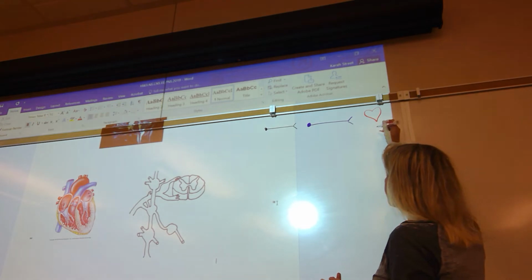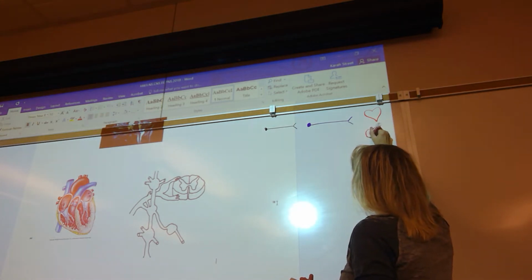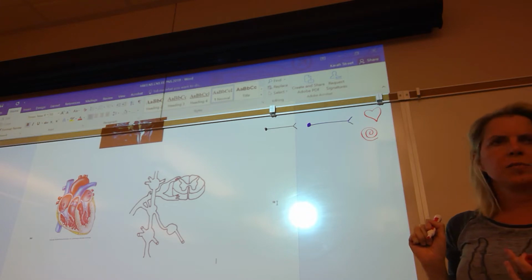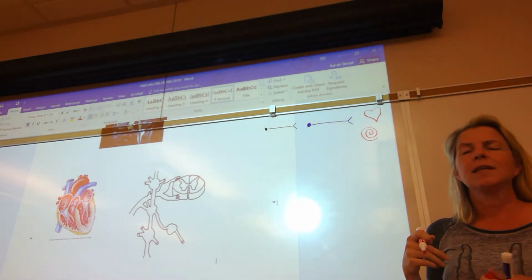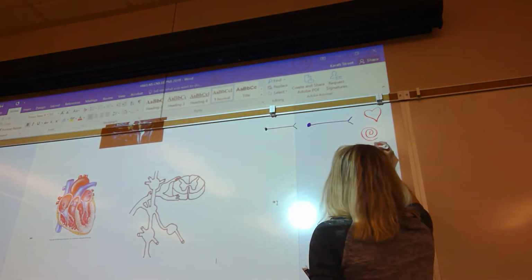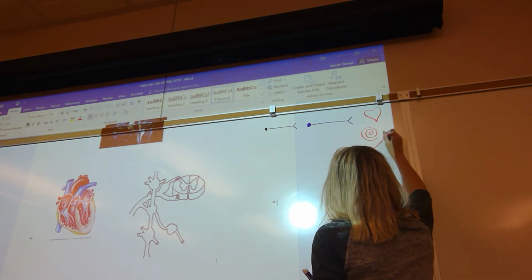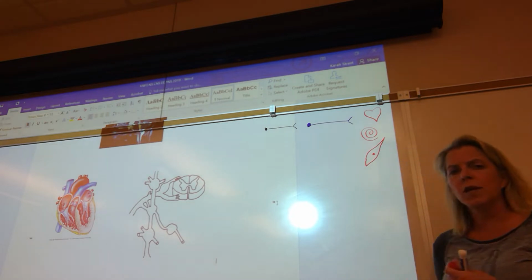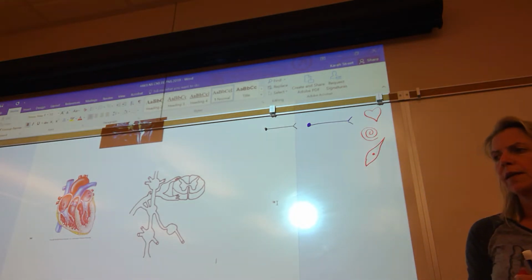An involuntary effector can be glands. So that's my picture for a gland because many of them are coiled. An involuntary effector is smooth muscle. Smooth muscle is spindle-shaped and it is mononucleated.